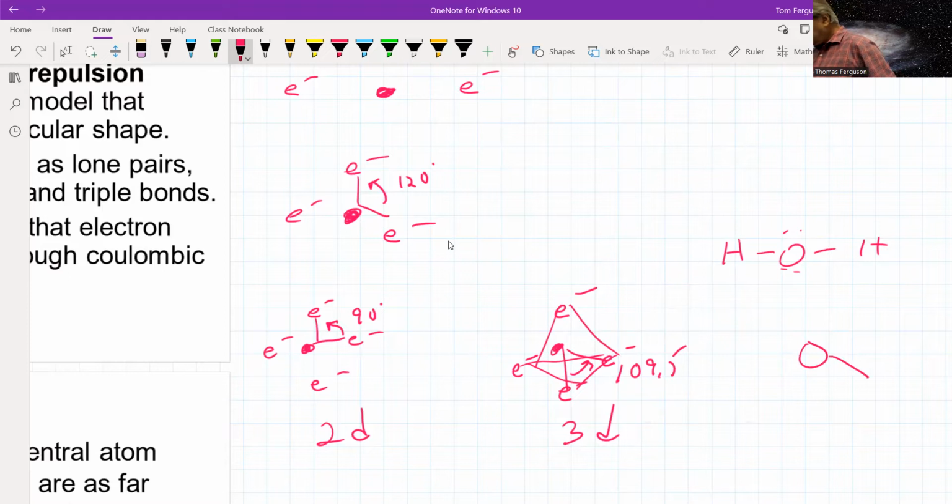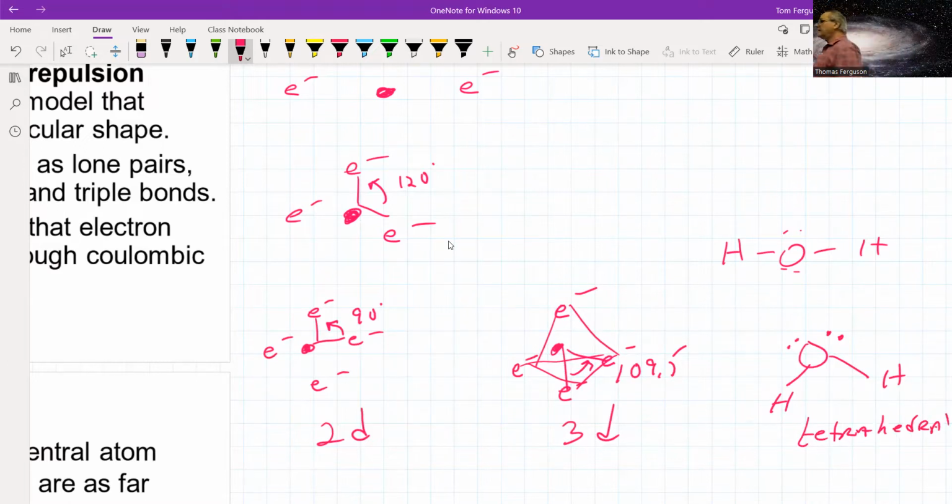Water looks like this. If you include the non-bonding pairs, see, that's the trick.